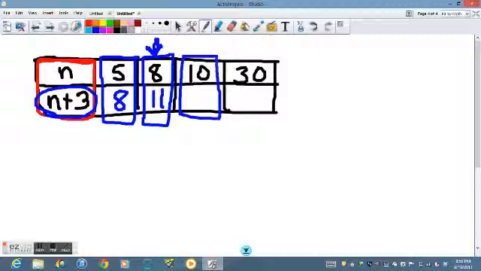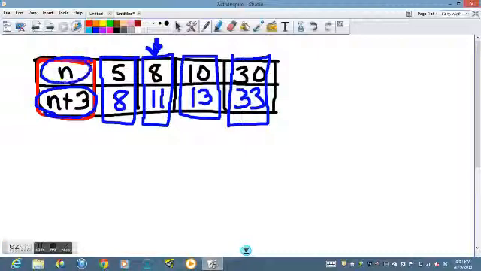Now in the next column, my n is 10. So the number underneath the 10 is going to be n plus 3. Since n is 10, it's going to be 10 plus 3, so this will be 13. And then in the last column, my n is 30, so underneath that I'm going to have n plus 3, or 30 plus 3, so this will be 33.